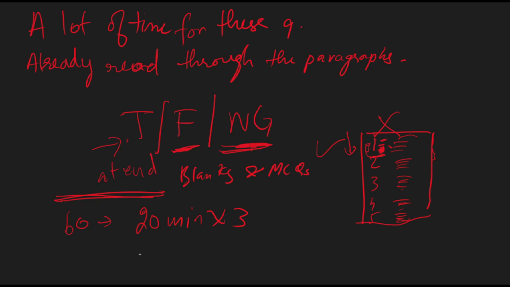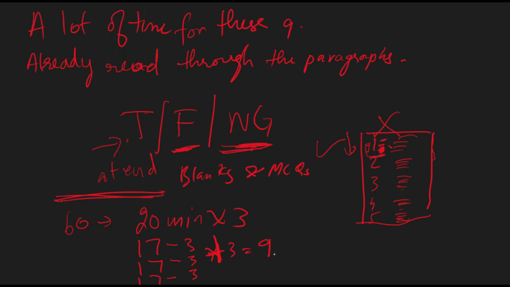Now what we're gonna do is try to reduce it to 17, 17, and 17. This gives us an extra 3 minutes each, that's a plus. That gives us 9 minutes.